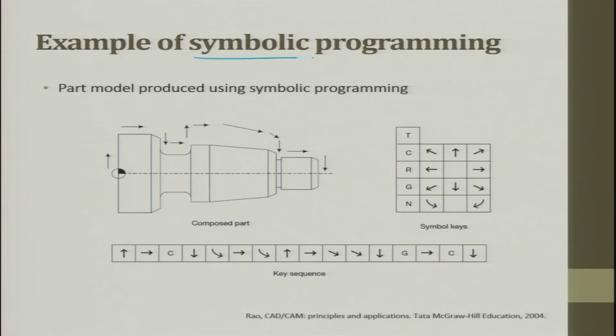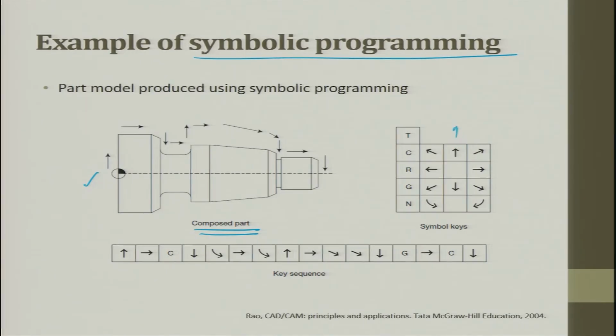The other one is symbolic programming. We use symbols. It is like trying to tell a blind man how to walk and generating a path for him so that he regularly follows. You look at the component, which is divided into several lines, arcs and curves. These curves have to be generated one after the other, and that is what is done using the symbols here.